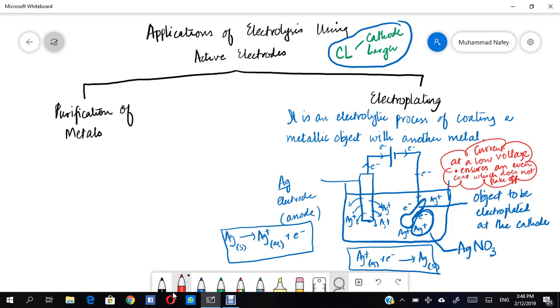Here what we do is that we have an impure metal and we have a pure metal. We want to maximize the amount of pure metal. Therefore, what we do is that we take the impure metal at the anode. So let's draw an apparatus. Let's take the example of copper.